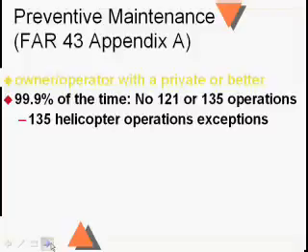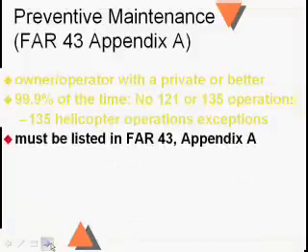That way the pilot can do it when they're off station somewhere and there's no maintenance available, but that's a rare exception. Like I said, the preventive maintenance you want to do has to be listed in FAR 43 Appendix A. It has things like changing oil filters and engine oil, servicing the hydraulic system, it interestingly says you can troubleshoot and repair the landing light circuit.